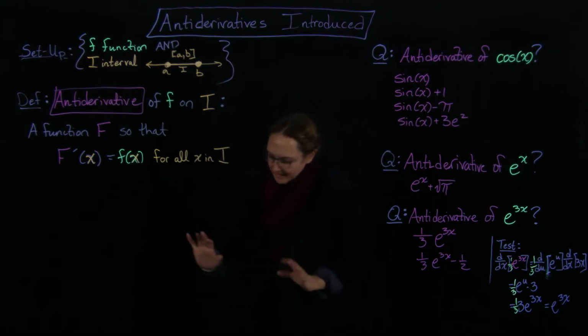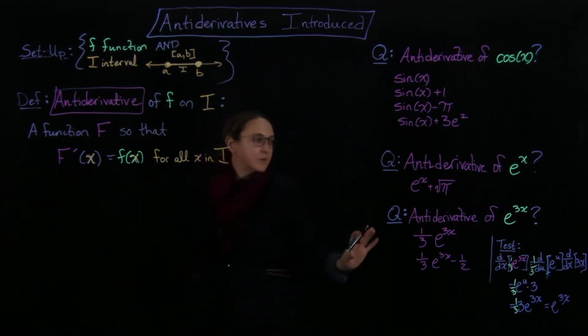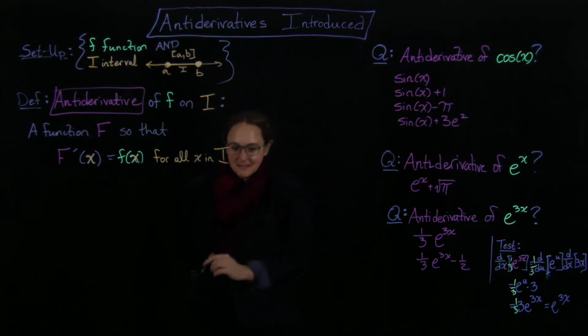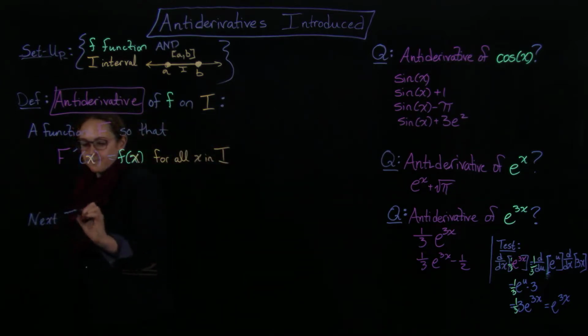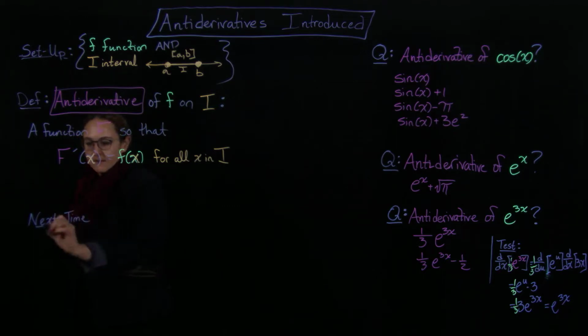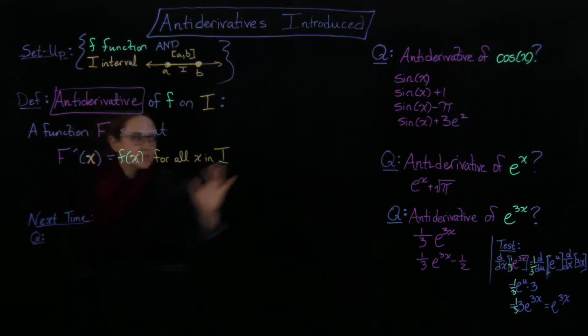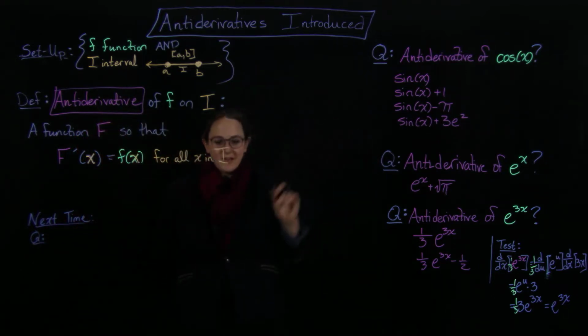Okay, and I kind of want to highlight something that's going to happen next time, which is this question of, we've shown there can be a whole bunch of antiderivatives, and it works to add any constant.